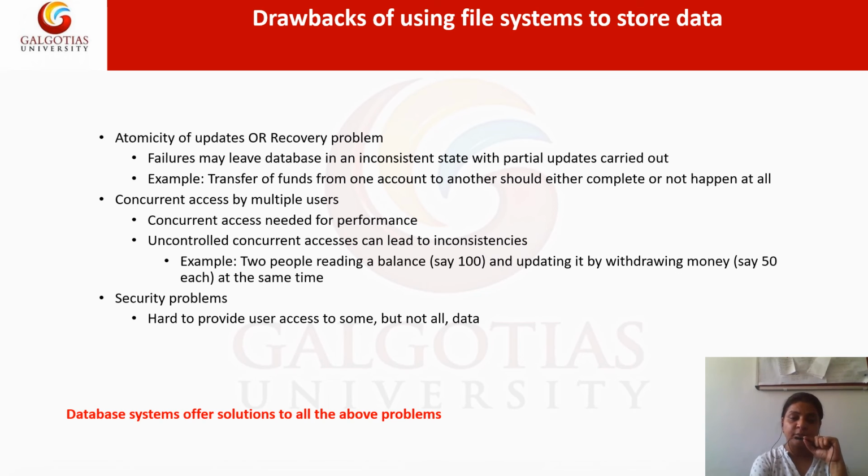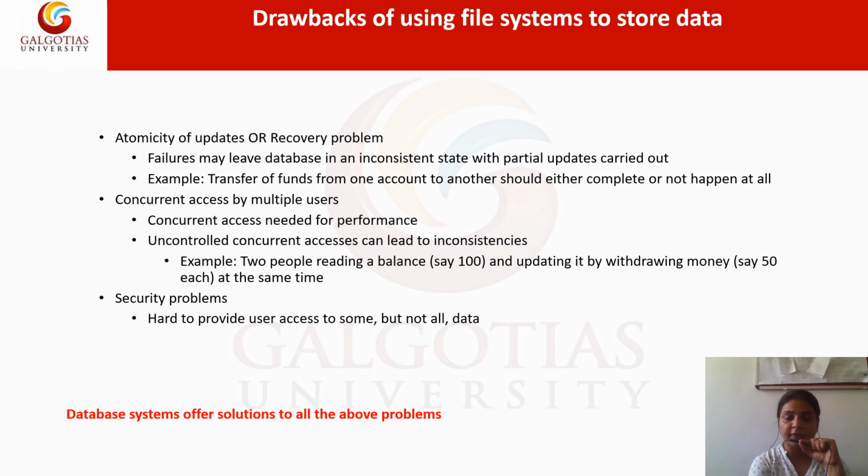Also, there are security problems. We cannot provide a proper security mechanism in the case of a file system. Also, if we have given authority to open that file or to read that file, then it is hard to maintain that a certain part of the file will be visible to the user and a certain part we can keep hidden. But in the case of a database, you can make a granularity level at which you can give authority to see a particular record, a particular table, or a particular database.